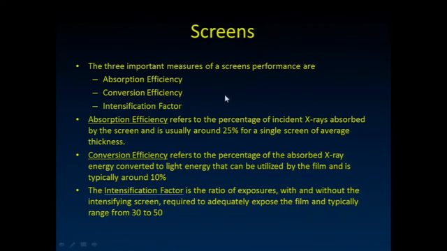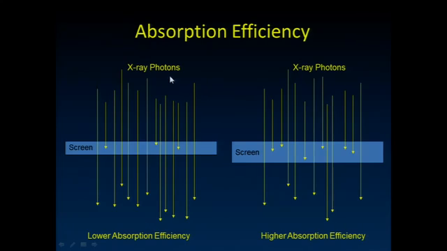When we talk about screens, we can talk about this absorption and conversion efficiency, right? Doing a better job converting some of that X-ray energy into lower energy photons that can be used to make the image. With absorption efficiency, if you just make the screen a little thicker, it'll now stop more of the X-ray photons and convert them to that lower energy light.